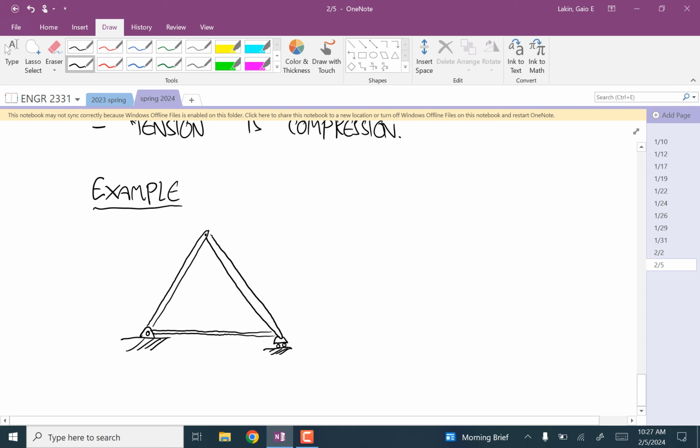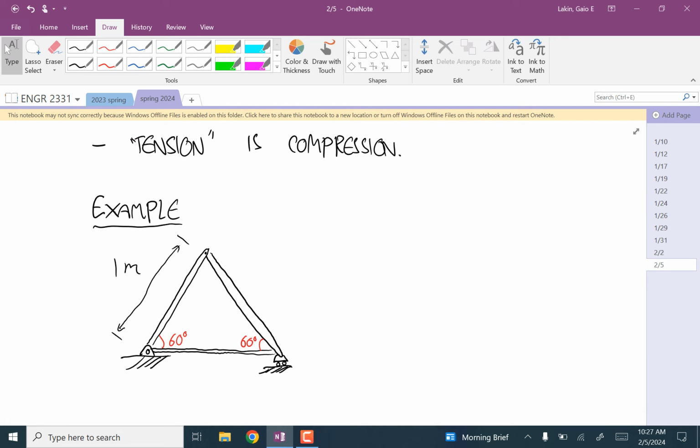And that's a roller in order for it not to be statically indeterminate. 60 degrees, 60 degrees, and every length is 1 meter. And let's say that there's a 1,000 Newton force here.